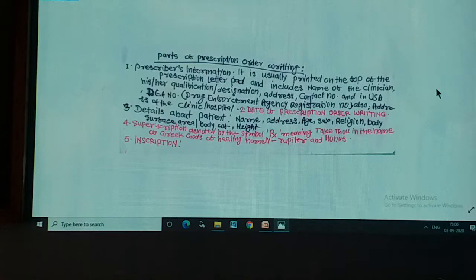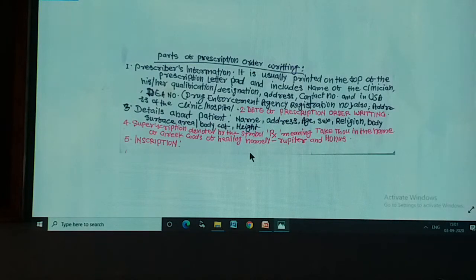It is usually printed on the top of the prescription letter pad and includes name of the clinician, his or her qualification, designation, address, contact number, and especially in the United States of America, the DEA number, that is Drug Enforcement Agency registration number.